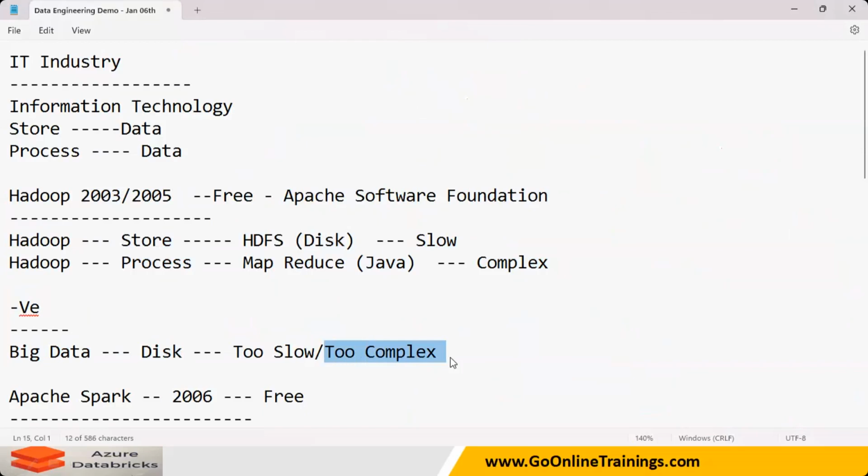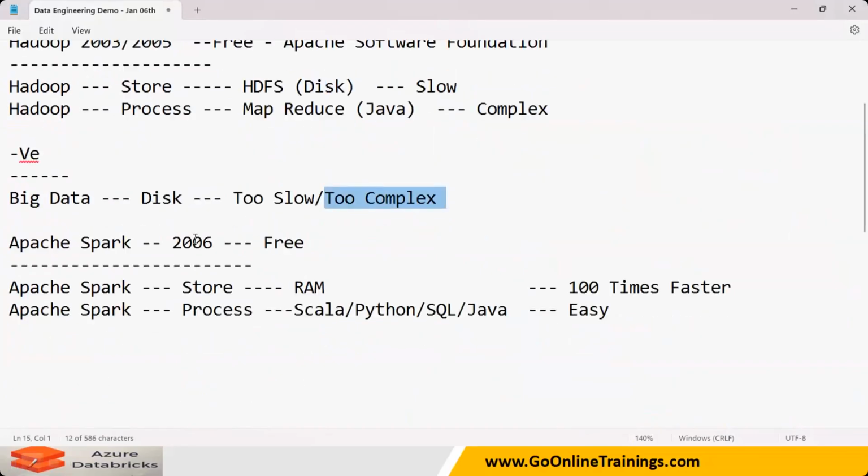But if you want to store, you need to have some kind of architecture. Earlier, Hadoop was storing into disk, but now Apache Spark stores your data into the RAM. Because of that, it is very, very fast. End of the day, Apache Spark was released in 2009, not 2006. It stores data in RAM and processes it with the help of a different language.